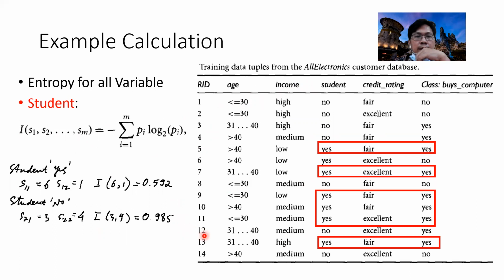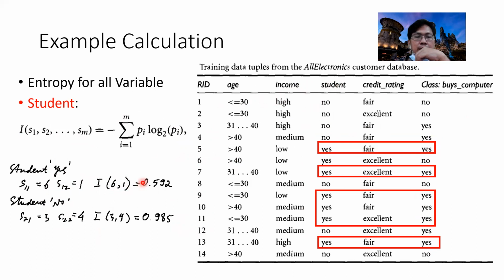And the third is the student. We have only two classes, yes or no, student or non-student. And for yes, there are six, and only one is no, not buying a computer.